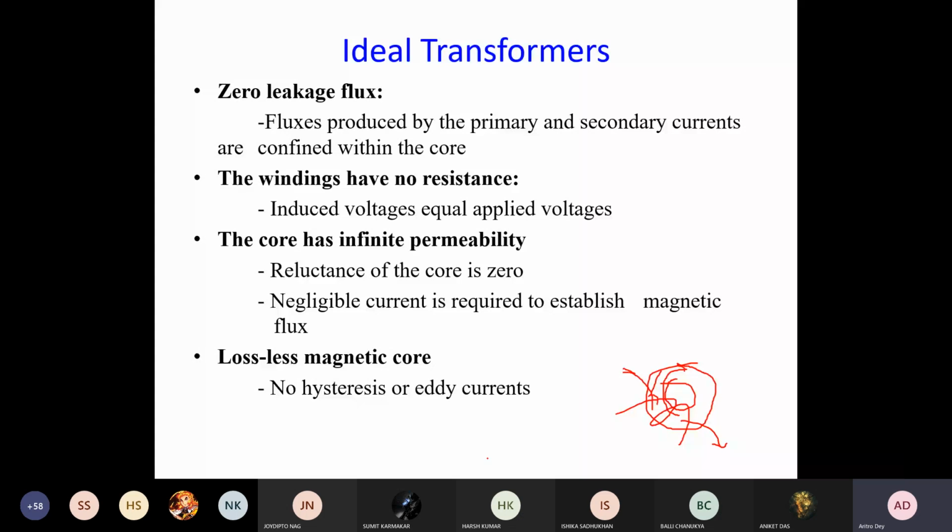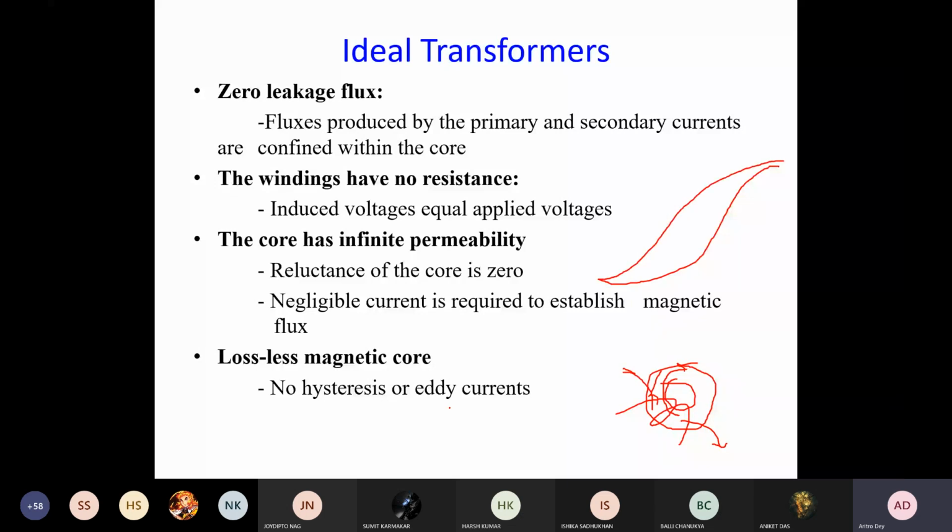But for the electrical system, we use CRGO steel, which will have a very thin BH loop, so that the losses are less. So permeability cannot be infinite. There should be some value, and that will hold a linear relationship, and you get a saturation point like this. This is your BH curve.